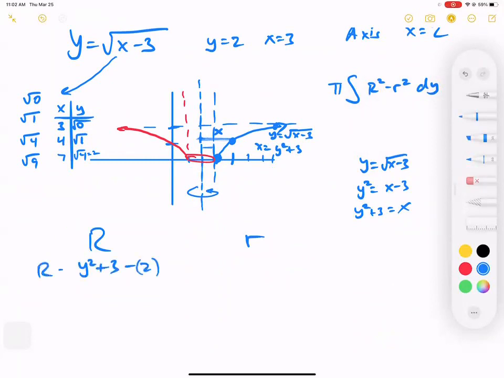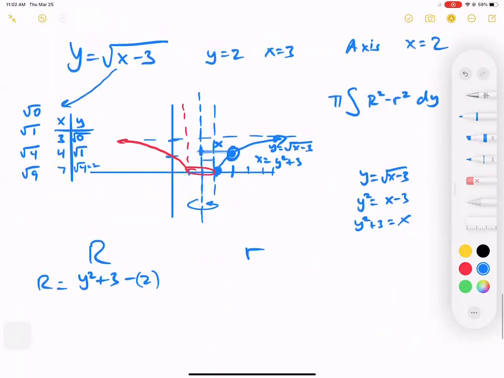That's our big R, because it's our right, which is y squared plus 3, minus our 2, because x equals 2 is our axis of rotation. What's our little r? That's our boundary at x is equal to 3. That's 3 here, right? 3 and 2. So little r is 3 minus 2. Right? 3 minus 2 right here.